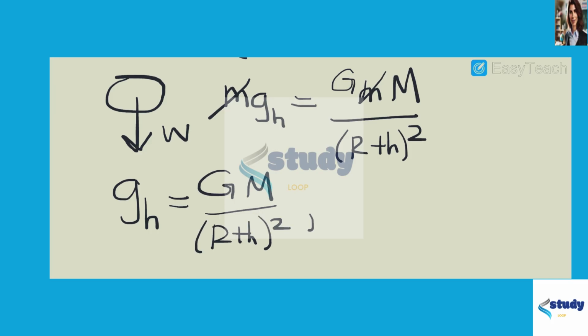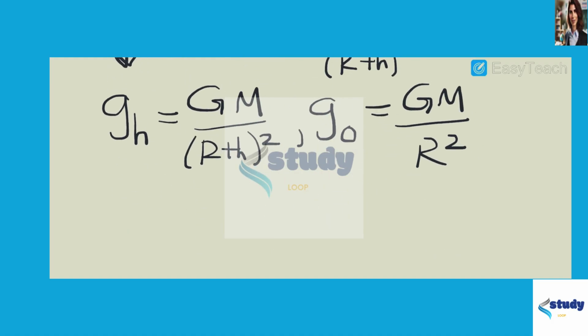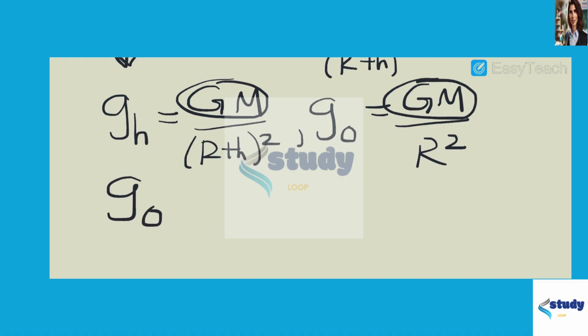So just so we don't have to scroll up, we also know that the gravity at the surface of the Earth is as shown here. So what we can do is plug in for these GM values to get the gravity at a height in terms of the gravity at the surface of the Earth. So solving for GM, we see that g0 r squared equals GM.